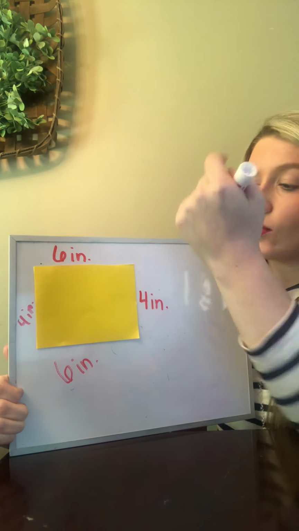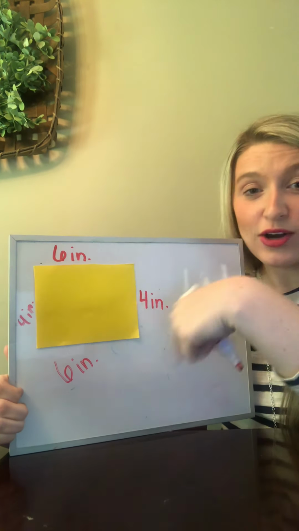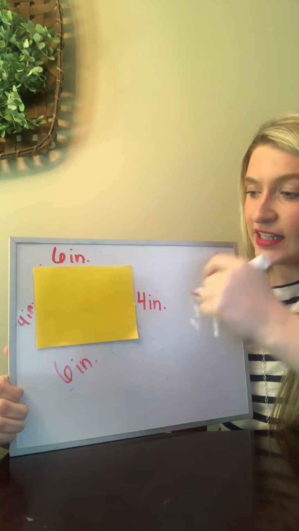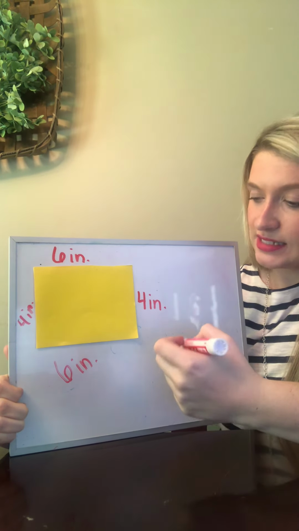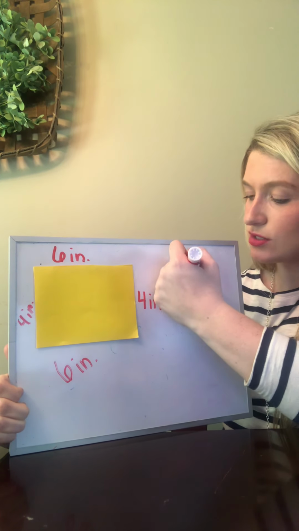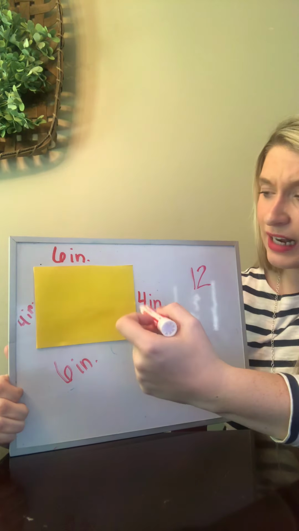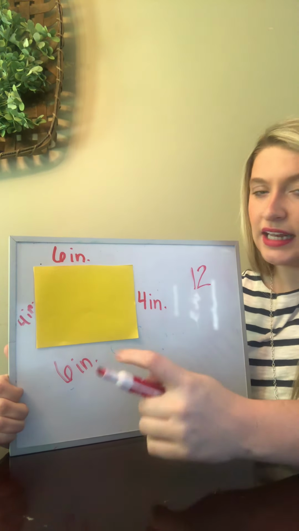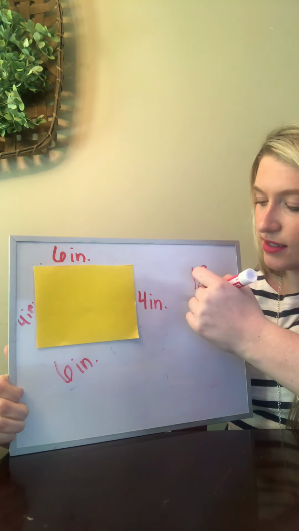Okay, so when I find my perimeter, I have to add all my sides up. That's how we do that one. So when I find the perimeter of this rectangle, I'm going to add 6 plus 6, and I know 6 times 2 is 12, and then I'm going to do 4 plus 4, or 4 times 2, and I know 4 times 2 is 8.